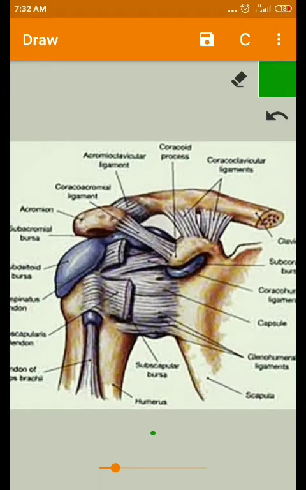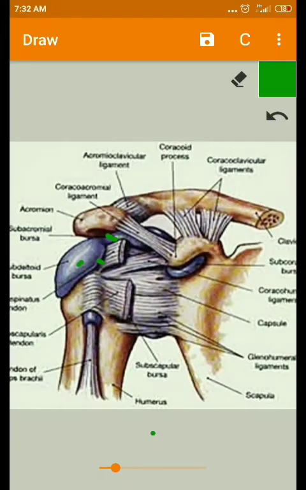Okay, and the other important one is the subacromial bursa. The bursa which is present below the acromion process is called the subacromial bursa, and another bursa is called the deltoid bursa, which is present below the deltoid muscle, also called the subdeltoid bursa.